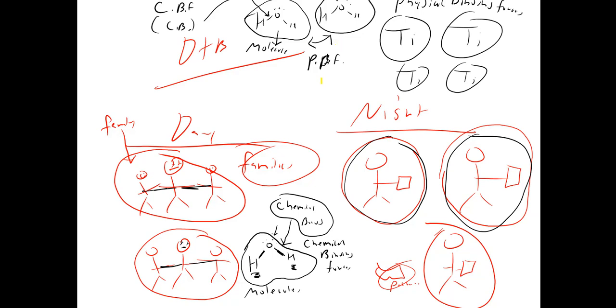So if I give you a nice representation on an atomic level of a water molecule or titanium, you should be able to indicate chemical and physical binding forces. Or I could give you a multiple choice question indicating chemical or physical binding forces. So this is when you have to look at it at an atom level or a molecular level.